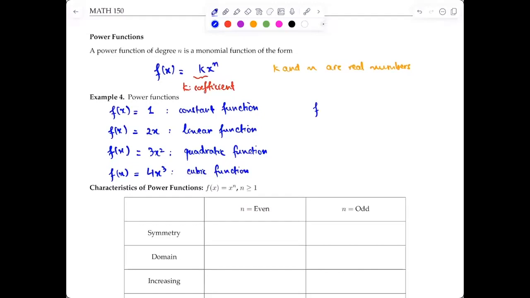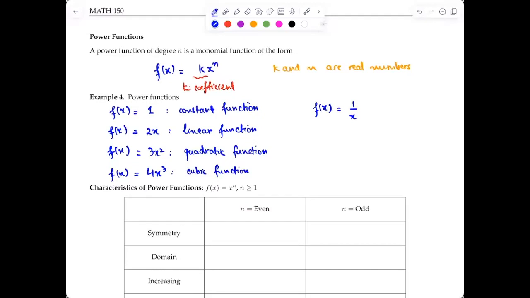You may have the function of the form f of x equal to 1 over x. This is in lecture 11 when you learn about the library of functions. So this is called the reciprocal function.